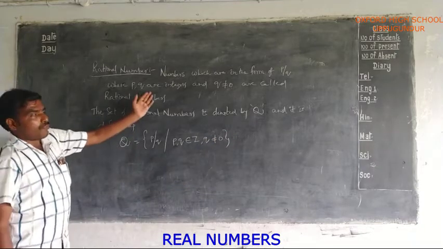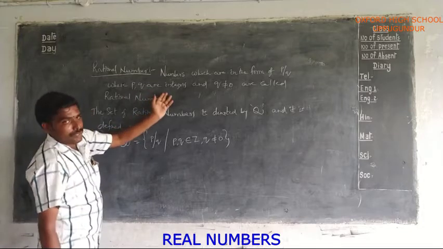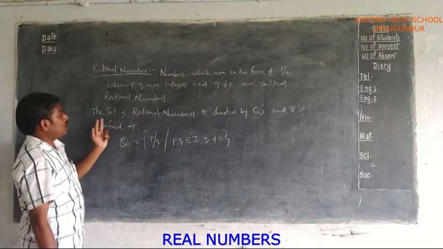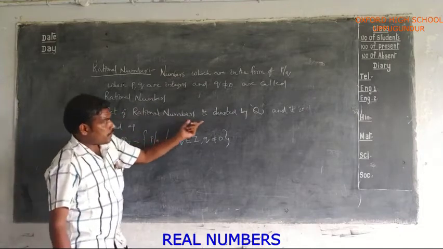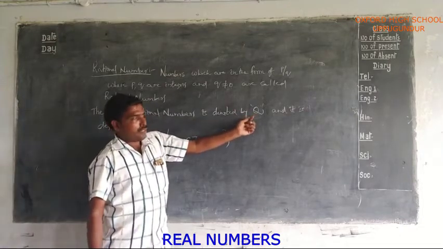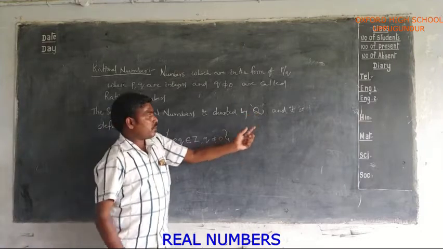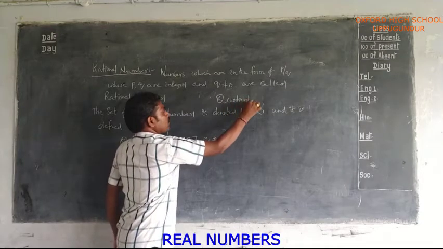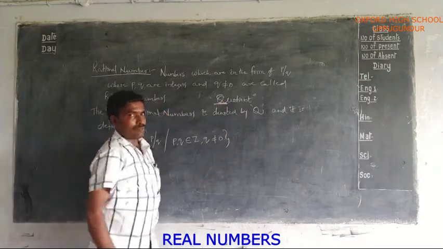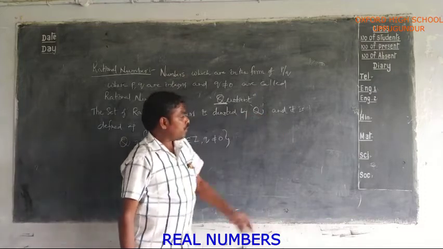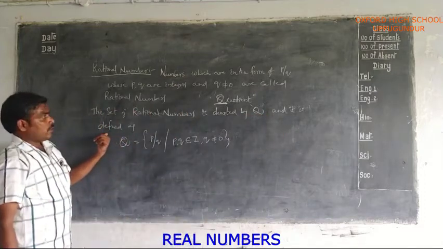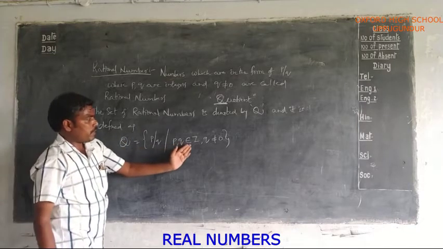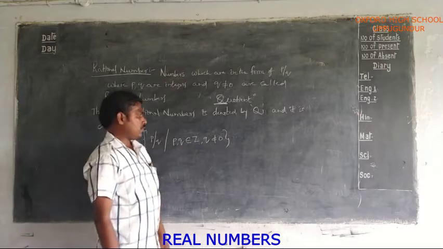Q means quotient; it is the letter coming from the word quotient. So this Q comes from the word quotient, and it is defined as Q equal to p by q such that p, q belongs to Z and q not equal to 0.